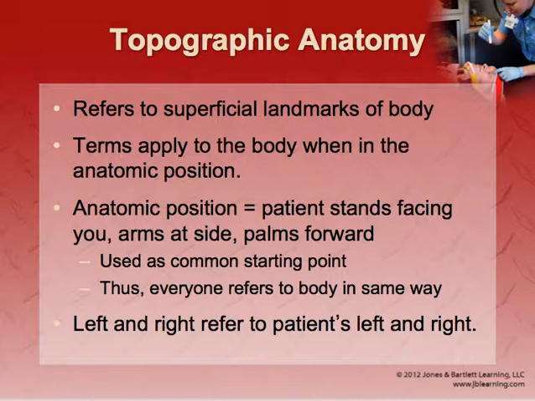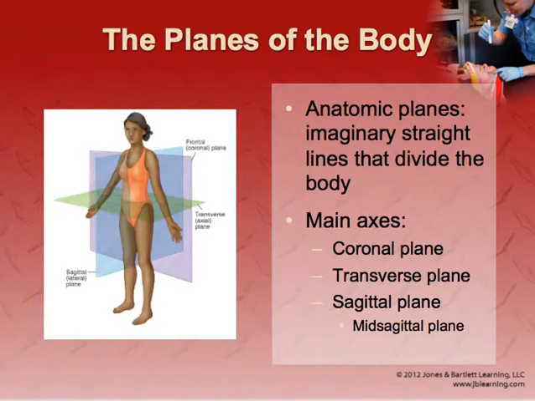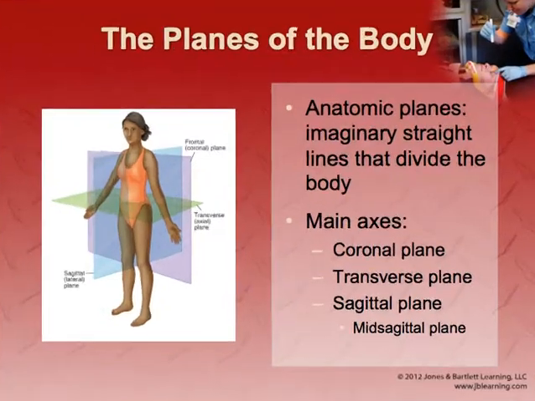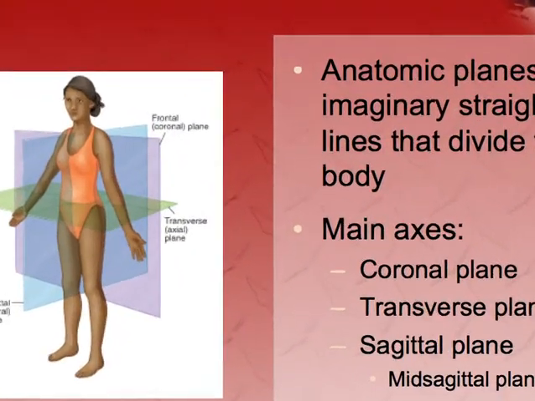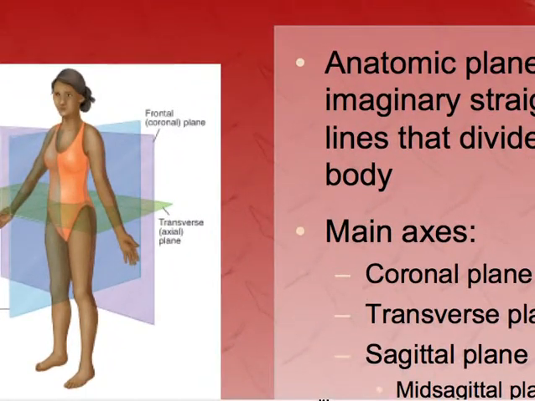Topographic anatomy refers to our landmarks. Our body is made up of landmarks all over, and we'll talk about a few as we go. And the anatomic position, I'm just going to go to the next slide and show you right quick. This lady is in the anatomic position.